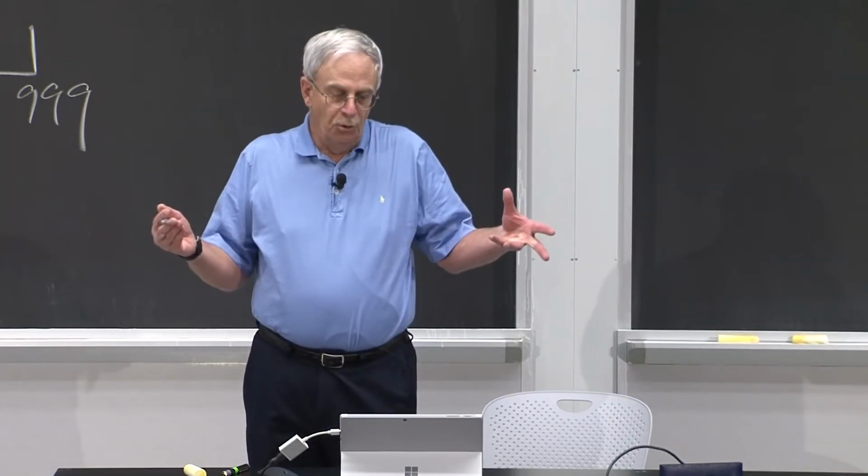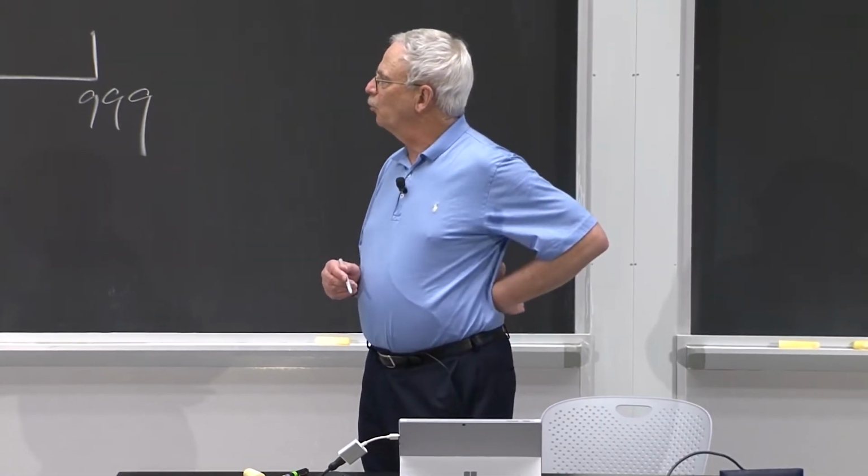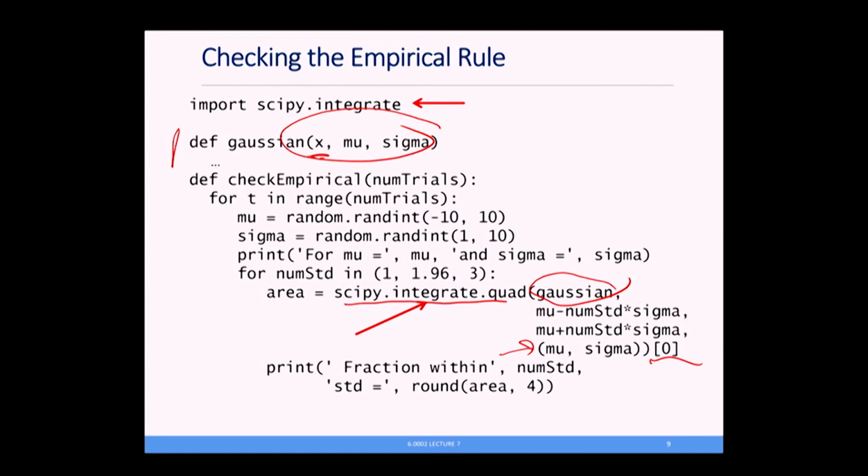All right, so that's the new thing. The rest of the code is all stuff you've seen. For t in range number of trials, I'm going to choose a random mu between -10 and 10, and a random sigma between 1 and 10. Doesn't matter what those constants are. And then for the number of standard deviations in 1, 1.96, and 3, I'm going to integrate Gaussian over that range.